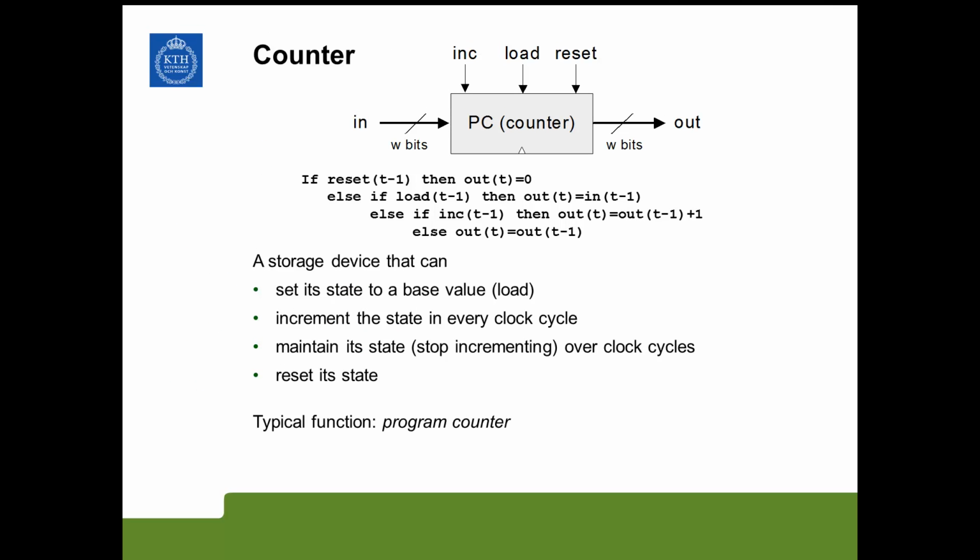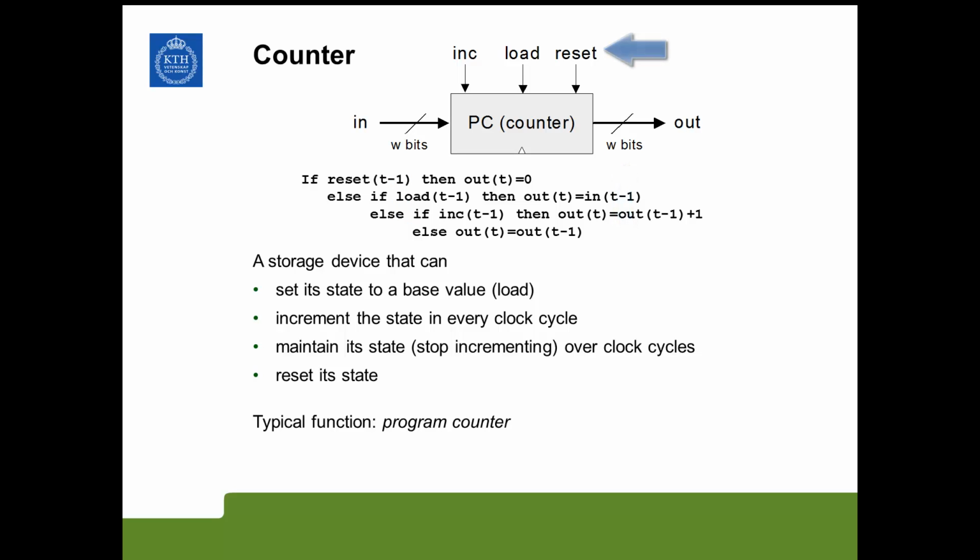The final sequential logic component is a program counter. Its use will be apparent when we look at the Hack computer architecture. It takes a 16-bit value in, and it generates a 16-bit value out. It has 3 control signals.